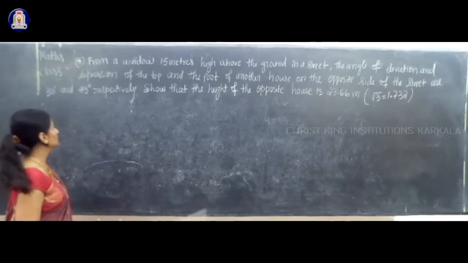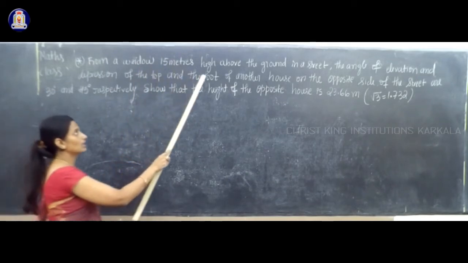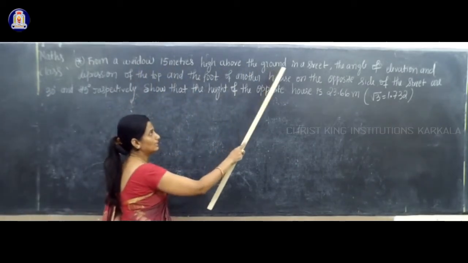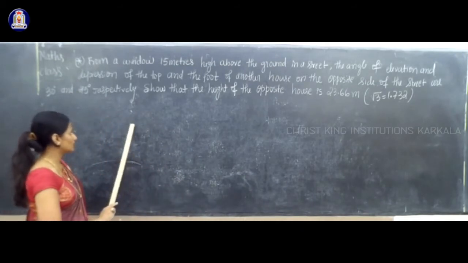The next question: from a window 15 meters high above the ground in a street. So 15 meter above the ground there is a window.